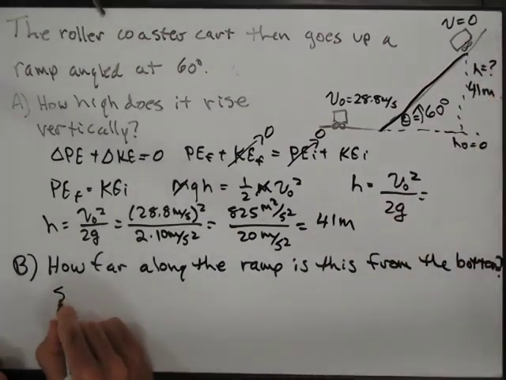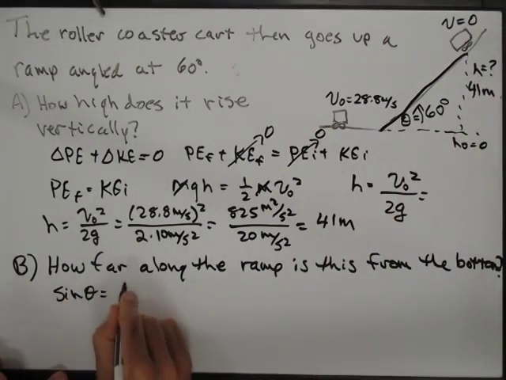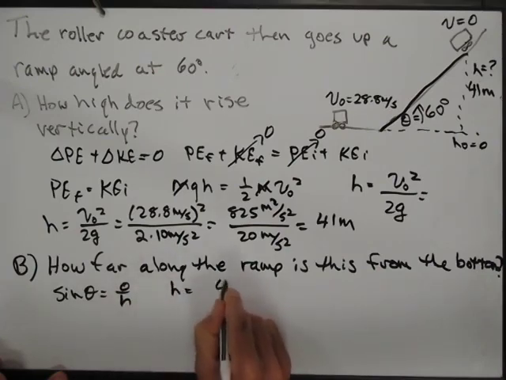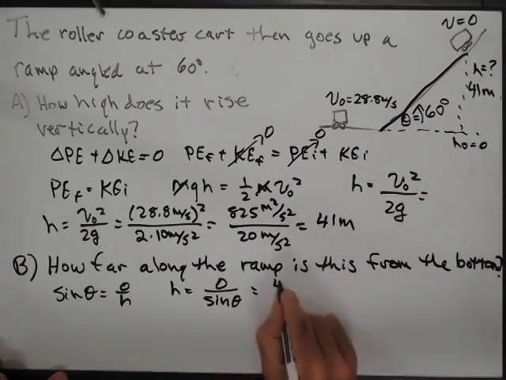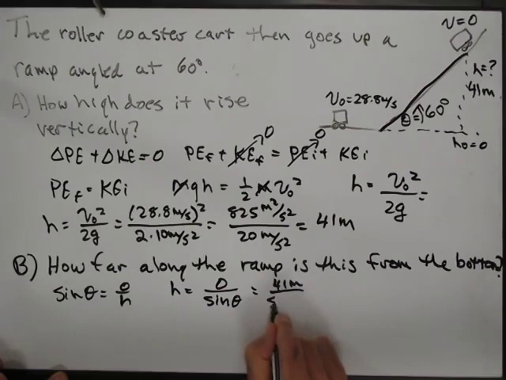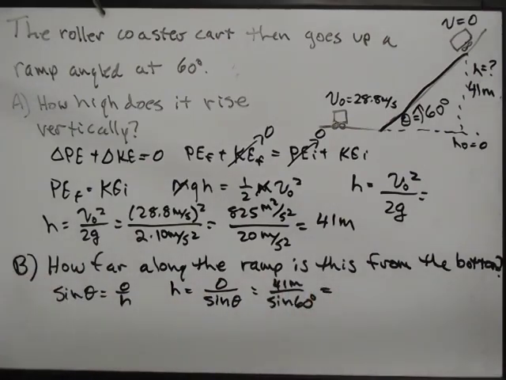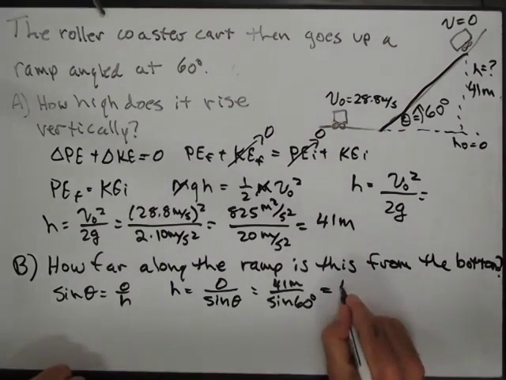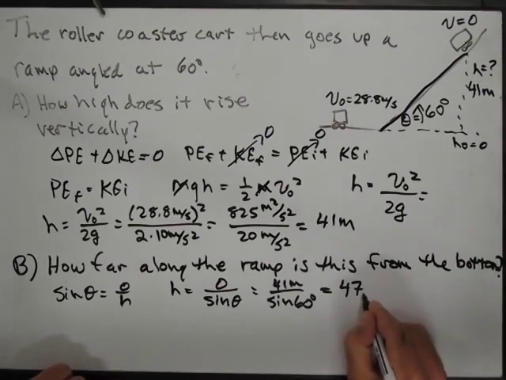Well, sine of theta is equal to opposite over hypotenuse, right? Or the hypotenuse is equal to the opposite side over sine theta, which is 41 meters over the sine of 60 degrees, right? I have to do a quick calculation. About 47 meters, something like that.